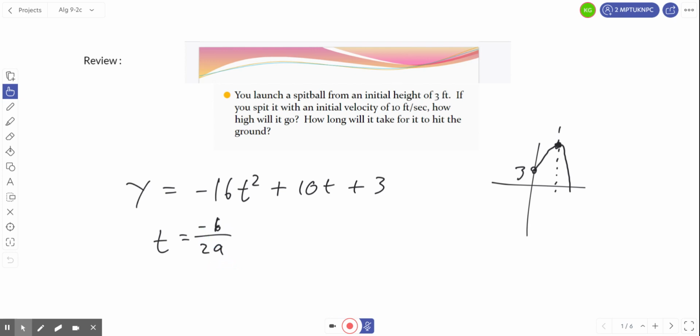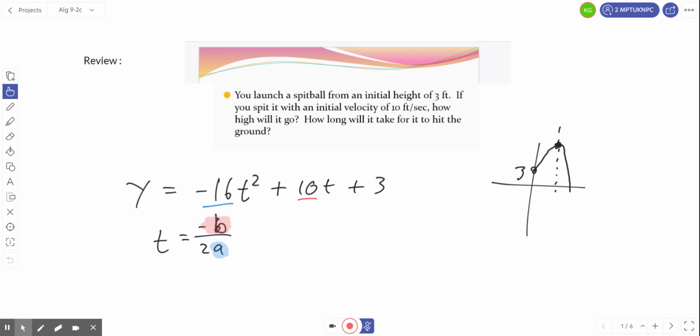That's a b right there. b is this term, and a is this term.